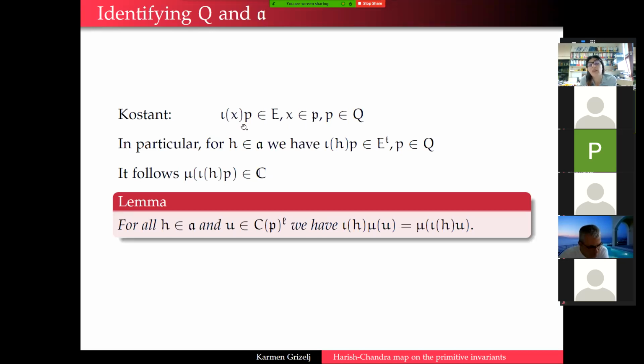Then, if we take X not to be in P, but in the commutative part, then we don't just end up in the image of alpha, but we also end up in T invariants. And I just proved that mu is sending these guys to complex numbers.